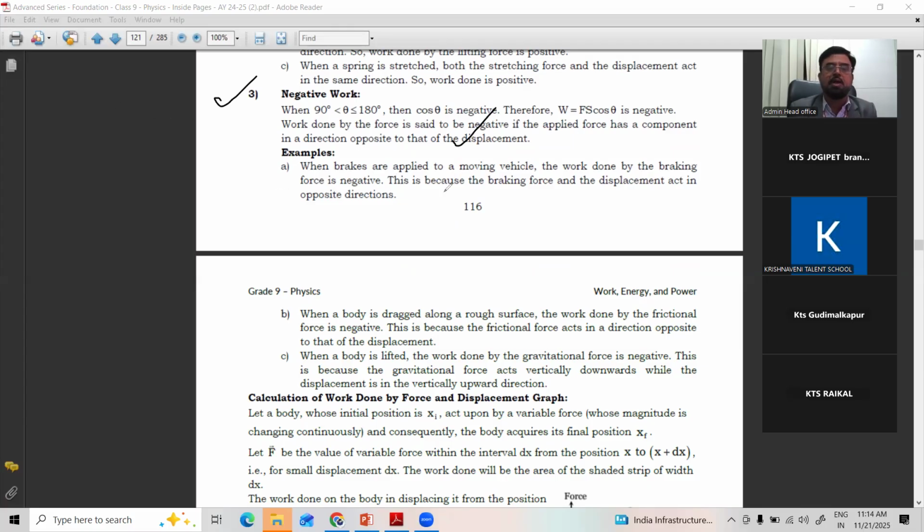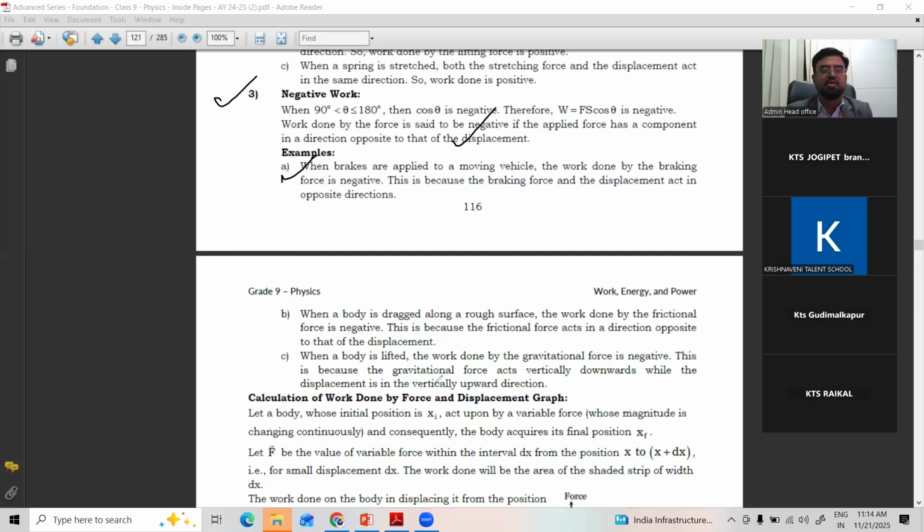When brakes are applied to a moving vehicle, the work done by the brake force is negative, because the brake force and displacement act in opposite directions. When a body is dragged along a rough surface, the work done by the frictional force is negative because the frictional force acts opposite to the direction of displacement.